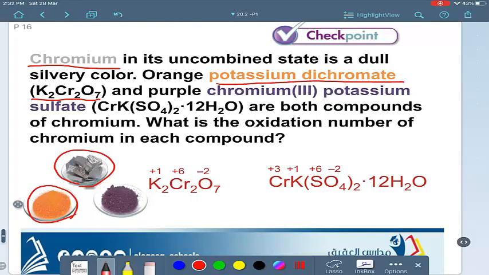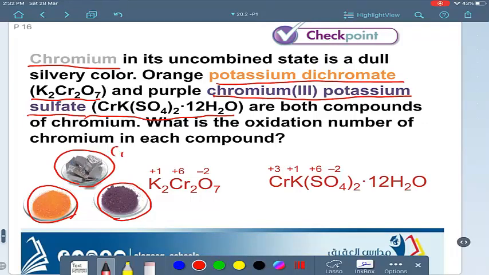But if the chromium forms a compound called chromium 3 potassium sulfate, hydrated like this, it changes into a purple color. We need to calculate now the oxidation number of chromium in each of these cases.